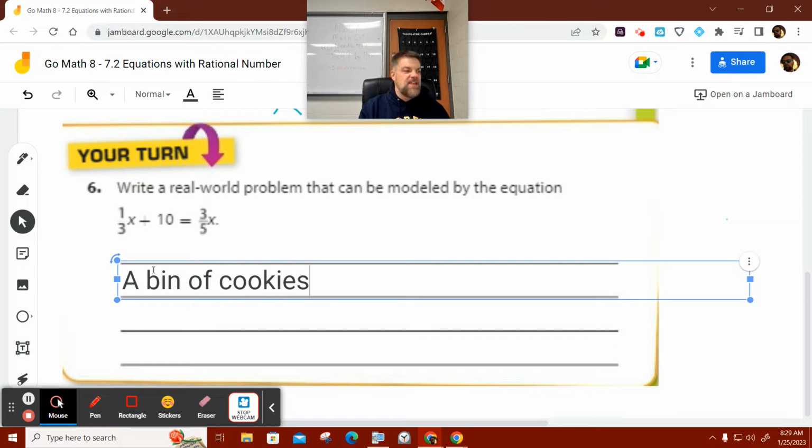A bin of cookies at a store is 1/3 full.